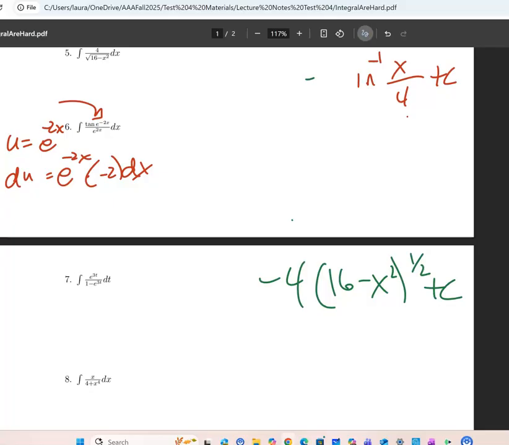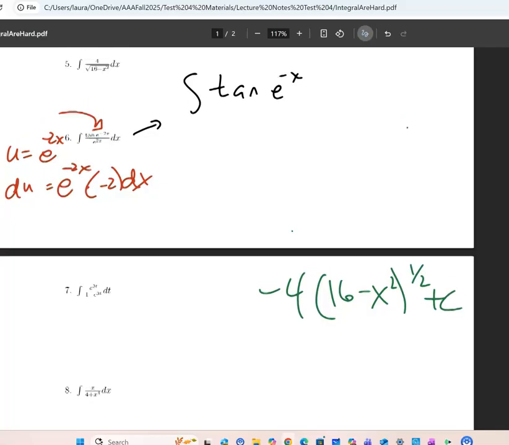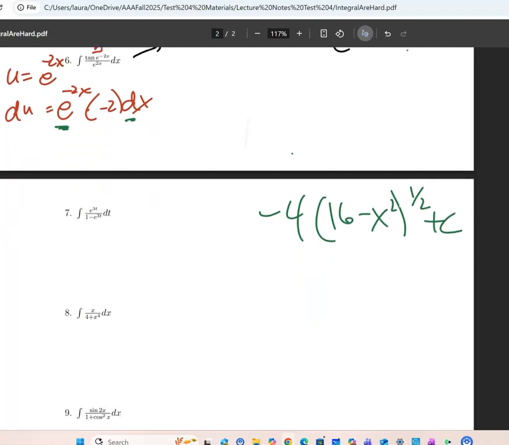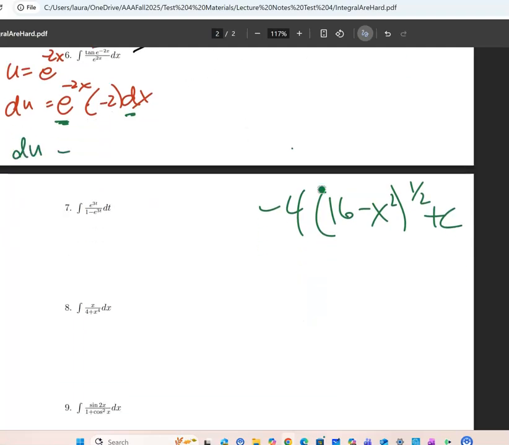I can just kind of move this apart in the original problem. So this is the same thing as saying tangent of e to the negative 2x times 1 over e to the 2x dx.